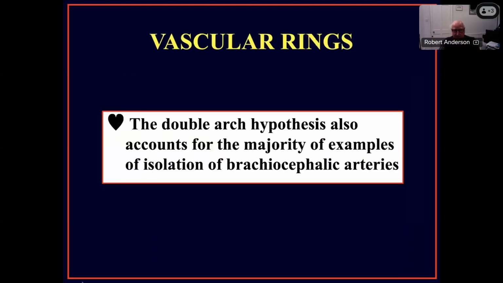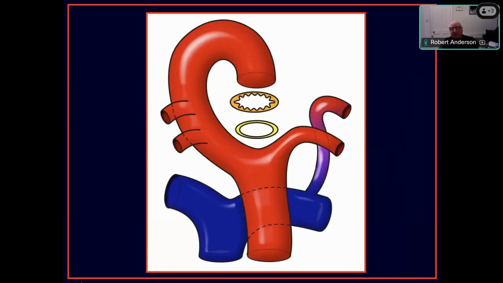Now, I've explained to you that the double arch hypothesis also accounts for isolation of brachiocephalic arteries, and here we see it in the setting of the isolated left subclavian artery.